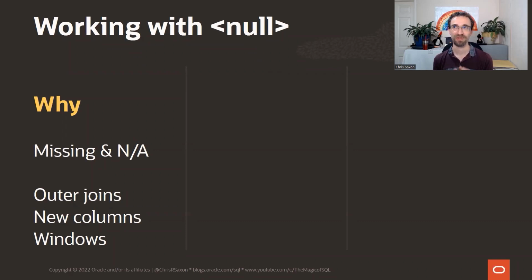Even if you manage to make all the columns in your database mandatory, you are still going to get null values in Oracle Database and all relational database systems. It's still going to appear in things like outer joins, adding new columns, and window functions where you go beyond the window. So there are lots of situations where you will need to deal with null.